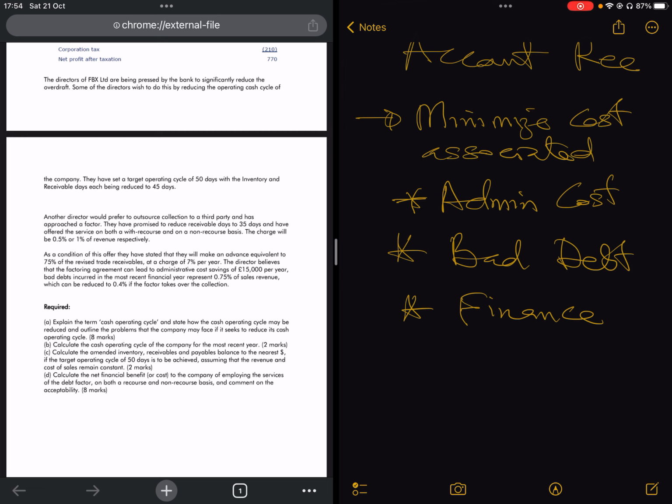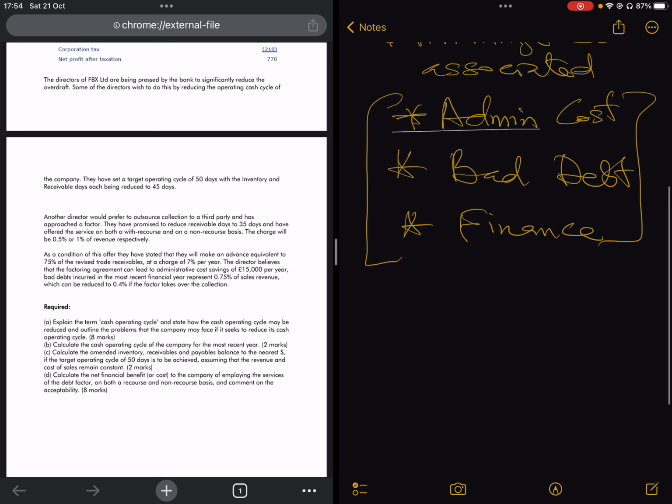An overdraft does not come free of charge. It's going to be charged at the interest rate applicable to whoever is offering you that overdraft service. So these are the three very popular costs associated with account receivable. So when you get a factor to help you with your account receivable, these are the three costs that you want to minimize.